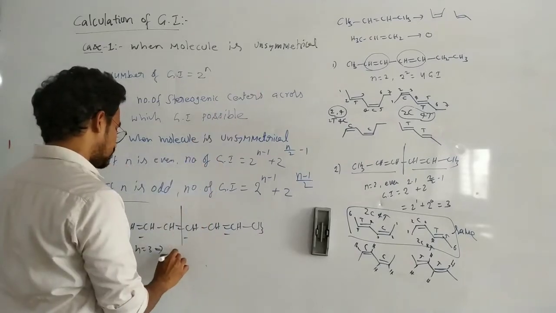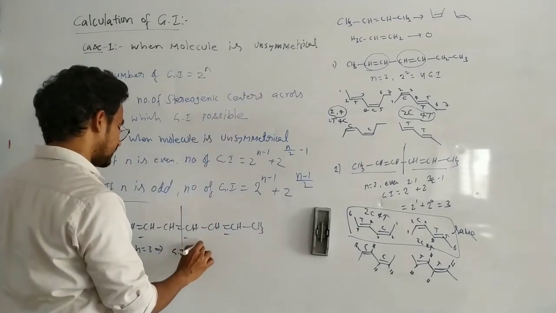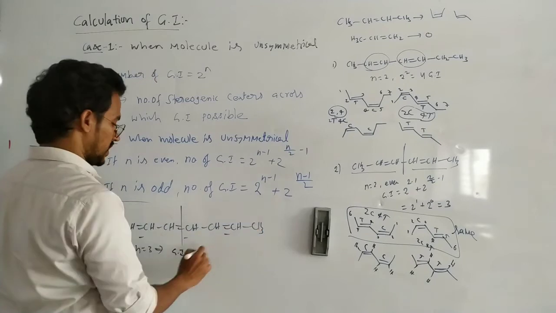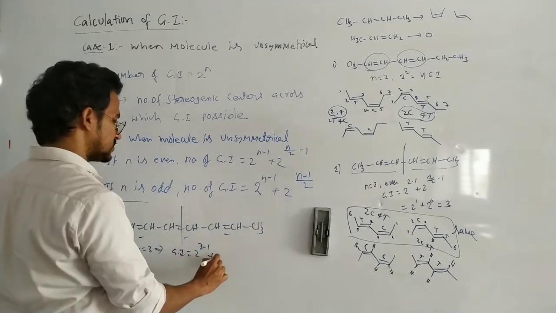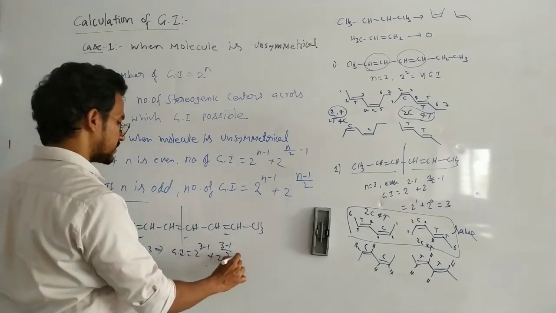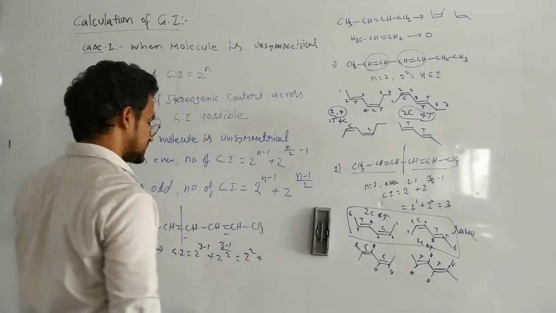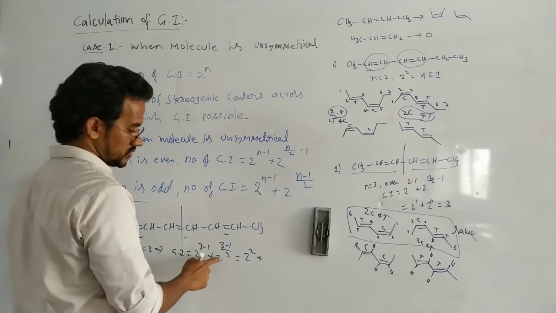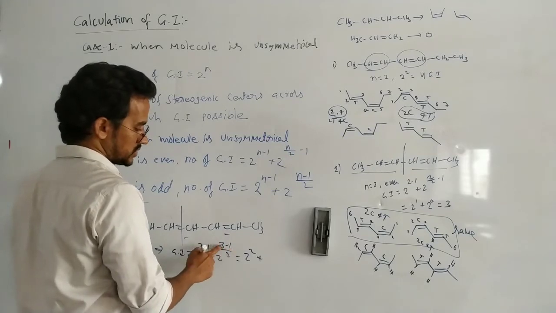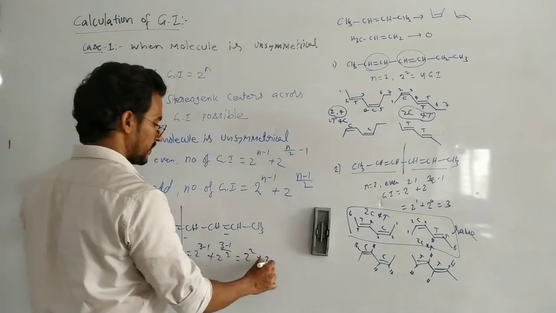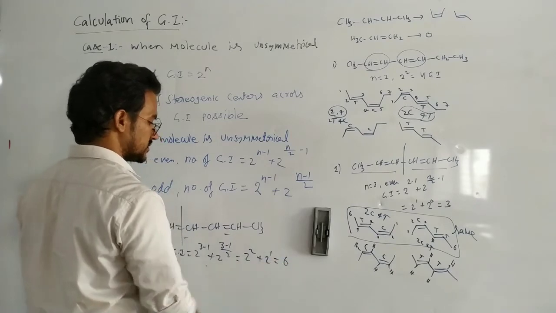That means the number of geometrical isomers equals 2 power of (3 minus 1) plus 2 power of ((3 minus 1) by 2). So 2 power of 2 plus 2 power of 1, that equals 6.